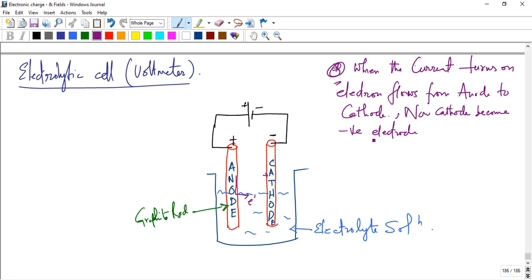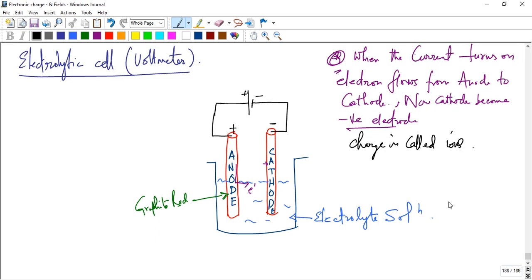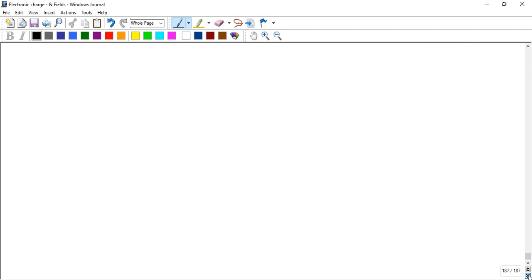If the cathode becomes negative, the anode, which loses electrons, gets positive charge. The charged particle is called an ion.